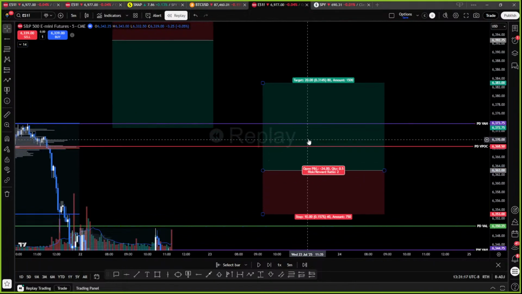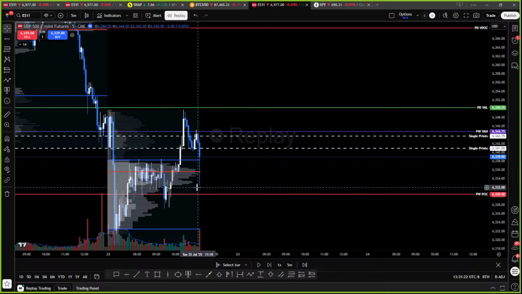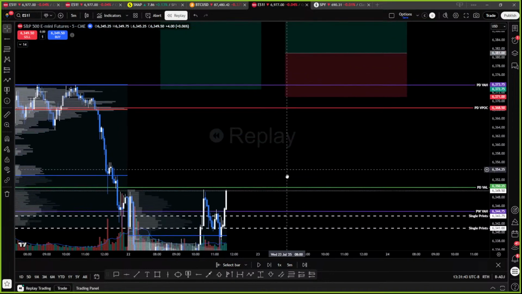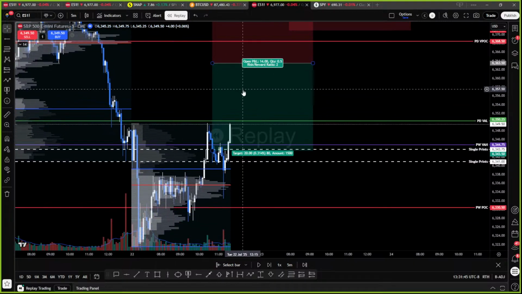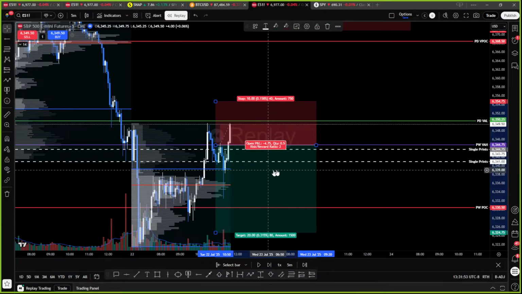All right, let's keep going forward. Oh, I just realized we missed one. We were long, but they broke below here, retested, and went. I don't think it worked, though. Right here. It just looks like another one we would get stopped out on.